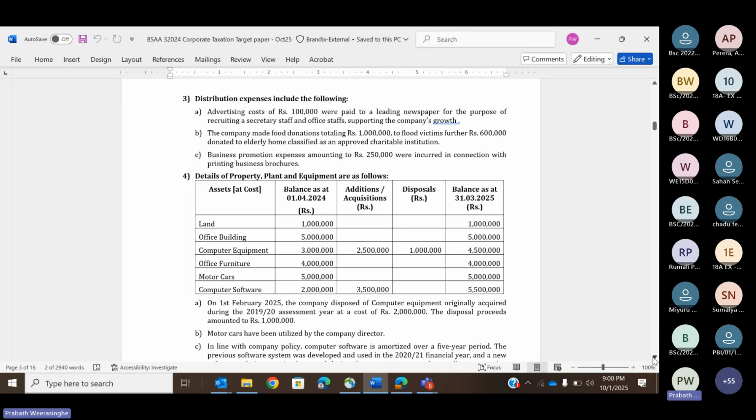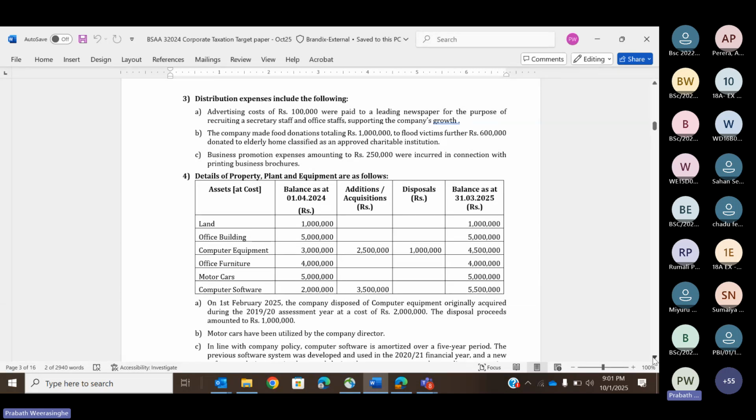Office furniture, motor cars. Motor cars used for traveling purposes are not entitled to capital allowances. Computer software, yes. In case of computer software, two things. One is we need to check what the useful life is. They may give a useful life over that particular period. Otherwise, if there is no useful life given, the capital allowances could be over a period of 20 years.